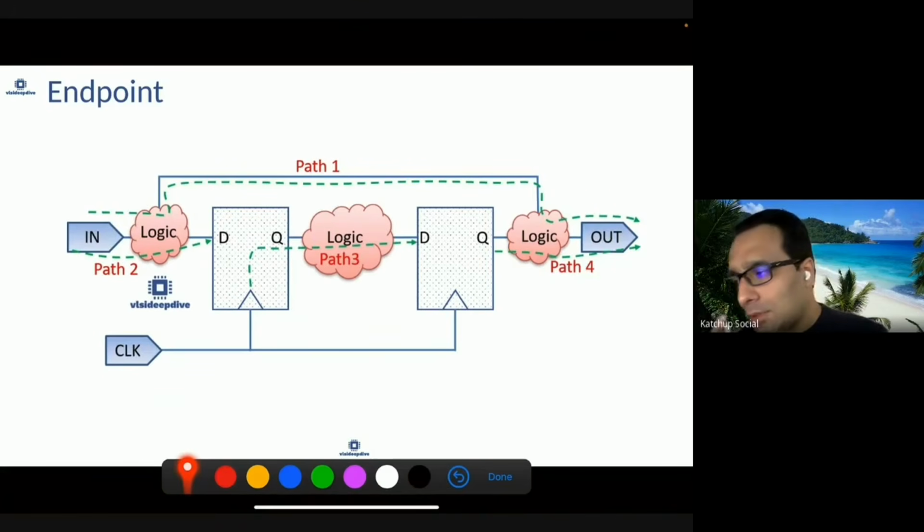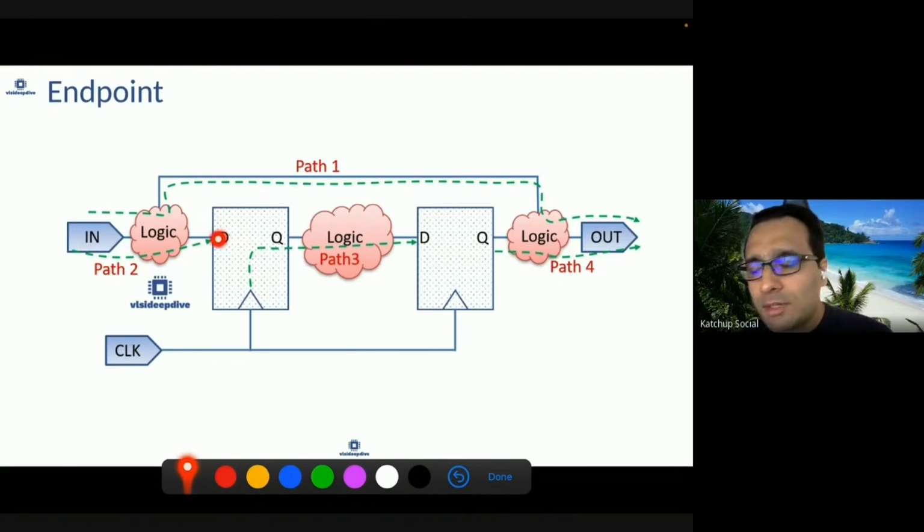So there are other paths in this design as well. Let's understand for each of these, what are the endpoints. So as we talk, for this path, this D pin is the endpoint, which is sequential. So endpoints are either sequential D pins or output ports. For this path, endpoint is this D pin.